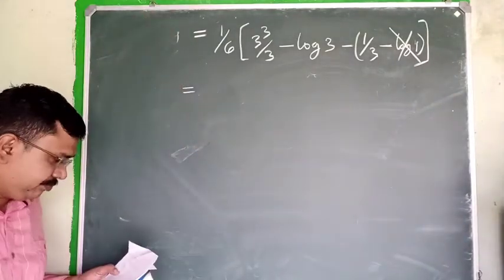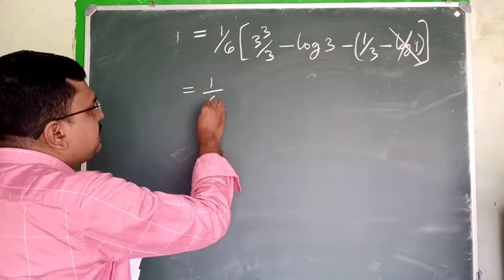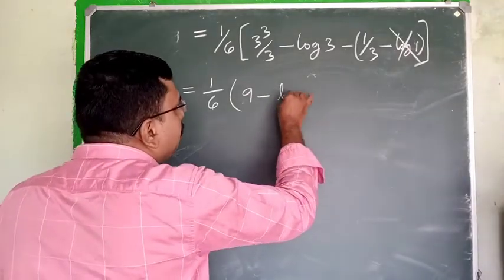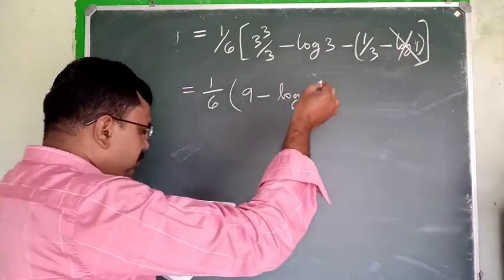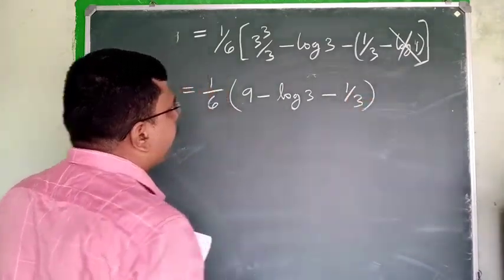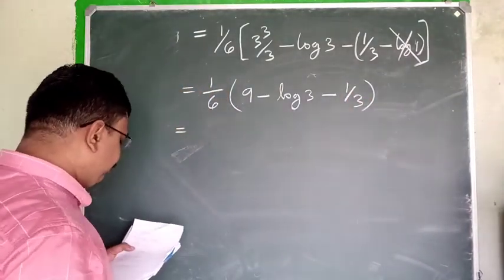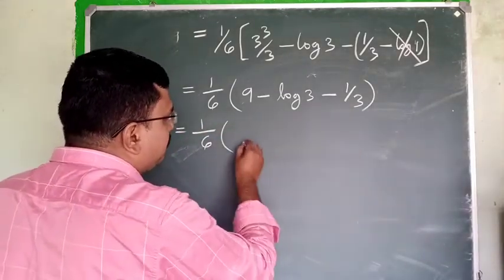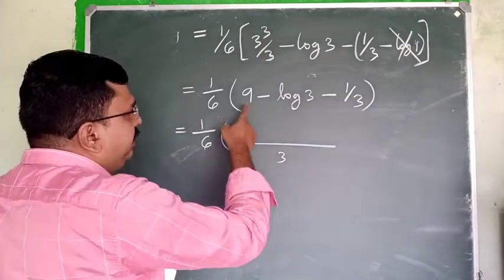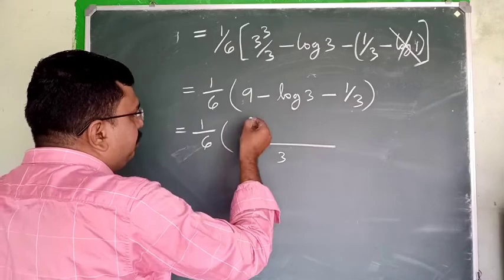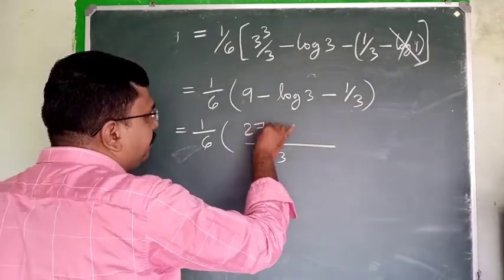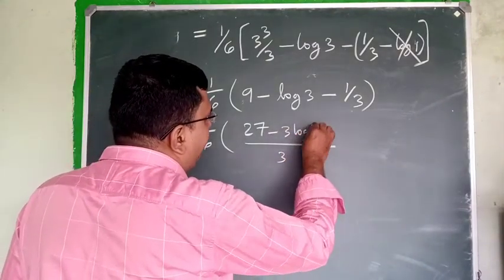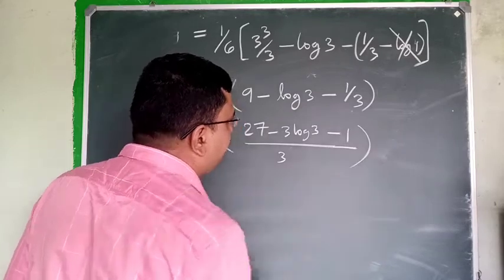1 by 6 into 9 minus log 3 minus 1 by 3. That is equal to 1 by 6 into, with 3 as the denominator, 3 into 9, 27, minus 3 log 3 minus 1.